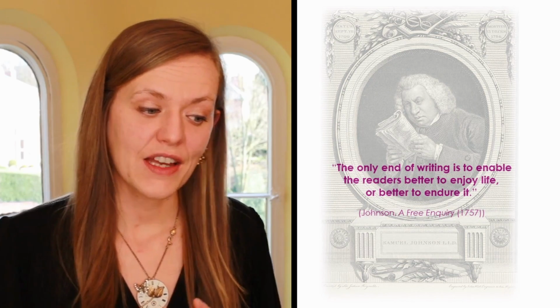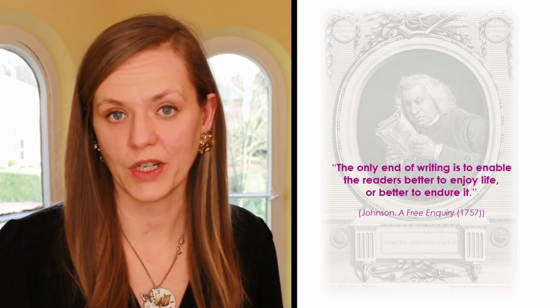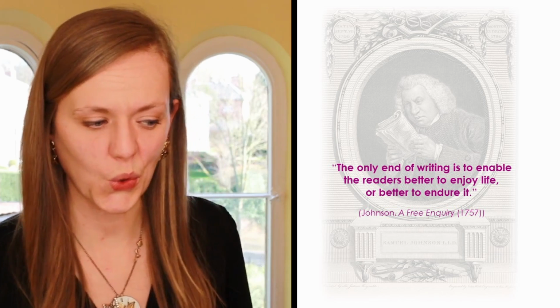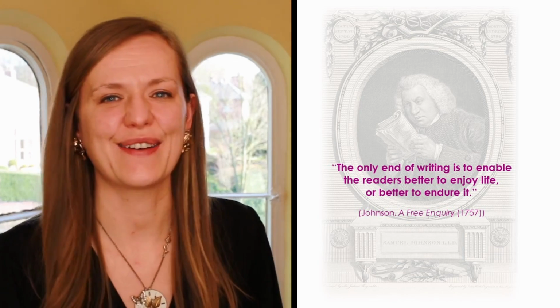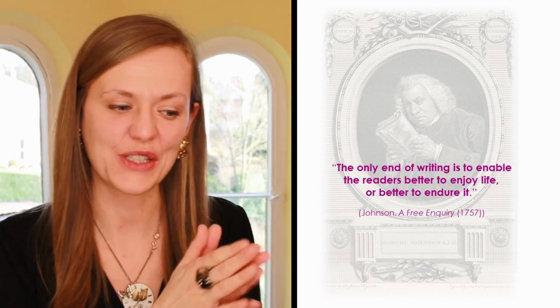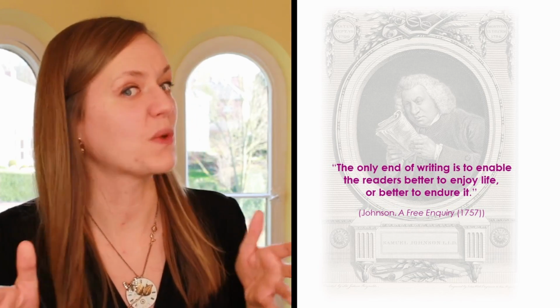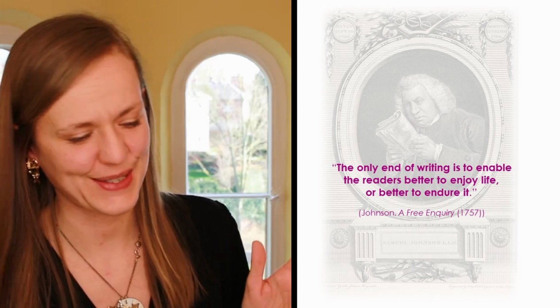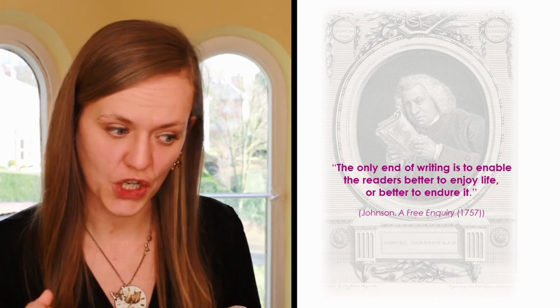The only end of writing is to enable the readers better to enjoy life, or better to endure it. There's a turn there at the end of the sentence. It could just end at enjoy life. That would be a lovely sentence. But then you have the second clause, or better to endure it.